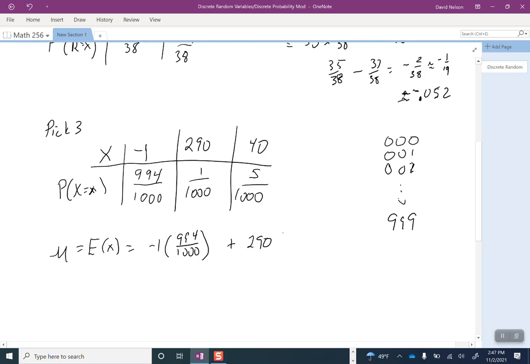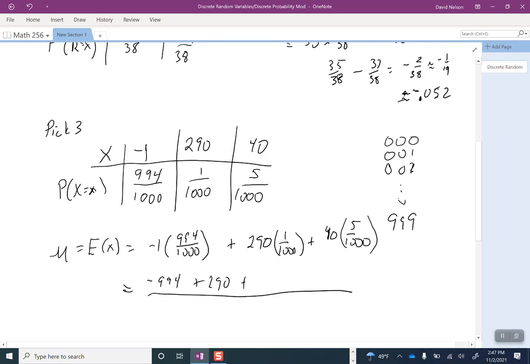You're going to win 290 1 out of 1,000 times, and you're going to win $40 5 out of 1,000 times. All right, and so your expected winnings there in the long run would be what, minus 994 plus 290 plus 200 out of 1,000.